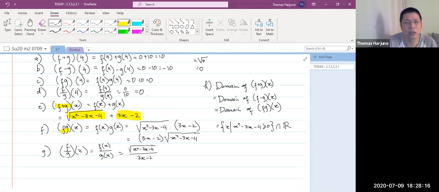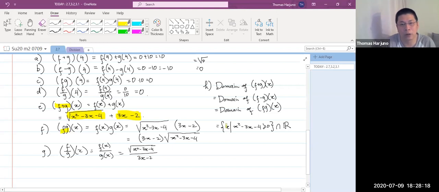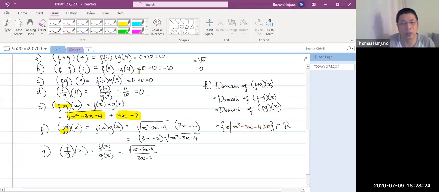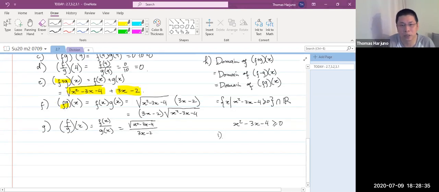So you will see that the domain will later be restricted to the domain of f only. Now, how do we solve that? We solve x squared minus 3x minus 4 greater than or equal to 0 using the 3 steps. Step 1, critical numbers. Step 2, sign graph. Step 3, solution. Right? You will do that procedure, please.